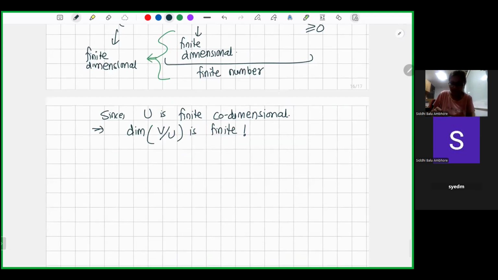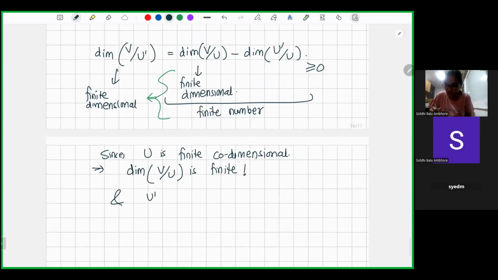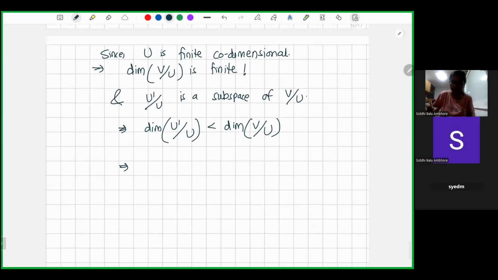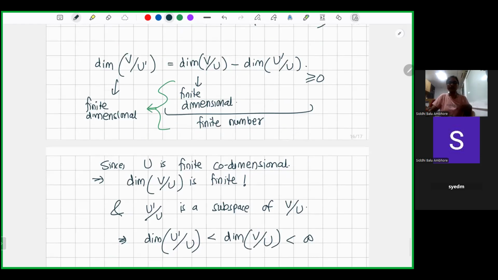And U dash quotient U is a subspace of V quotient U. This implies that the dimension of U dash quotient U is less than or equal to the dimension of V quotient U. So this is anyway less than infinity, some finite number.